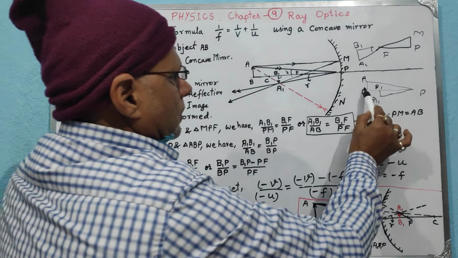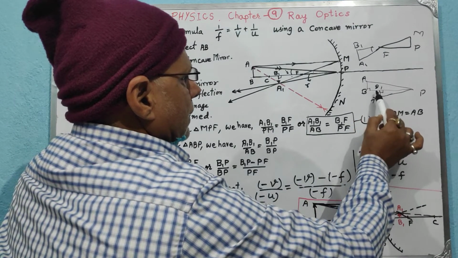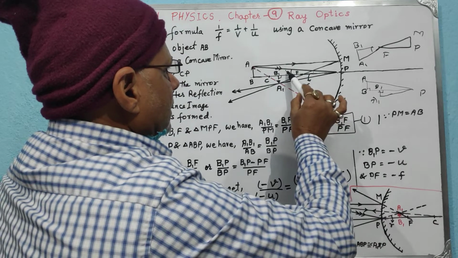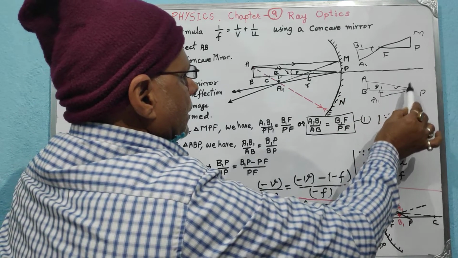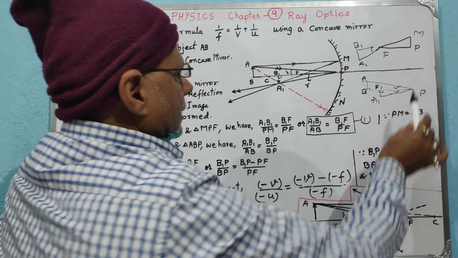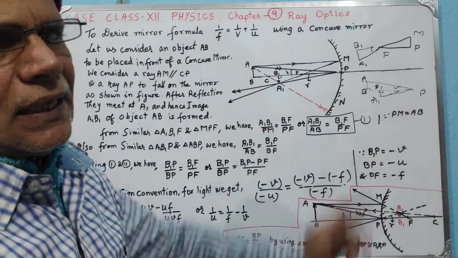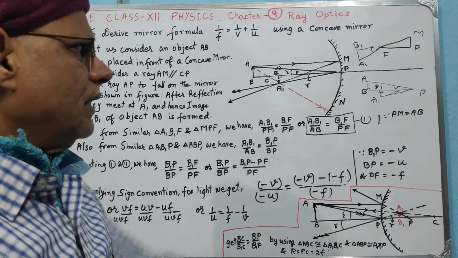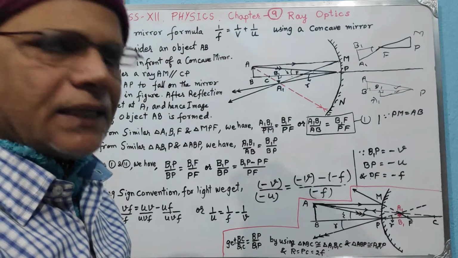How? One of the angles is 90 degrees, and angle of incidence is equal to angle of reflection. So the third angle automatically becomes equal, and therefore these two triangles become similar triangles.